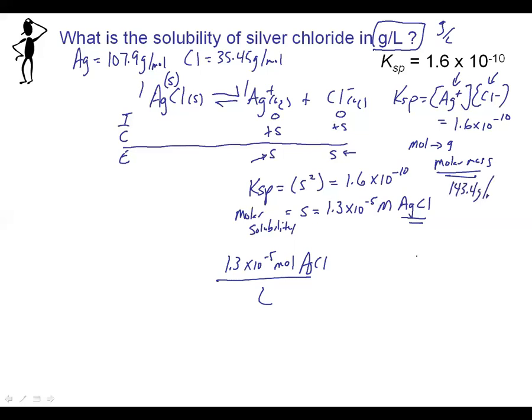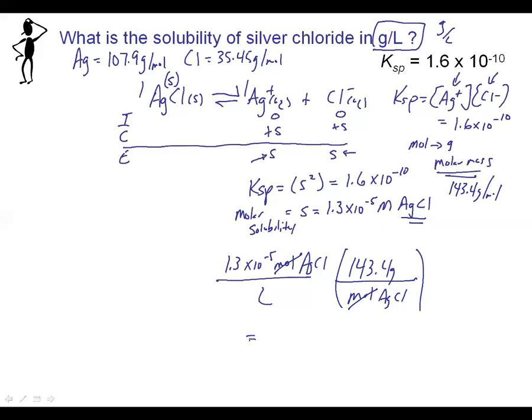So we would actually multiply by the molar mass of 143.4 grams per mole of silver chloride. The moles are going to cancel, and that's going to leave us grams per liter.